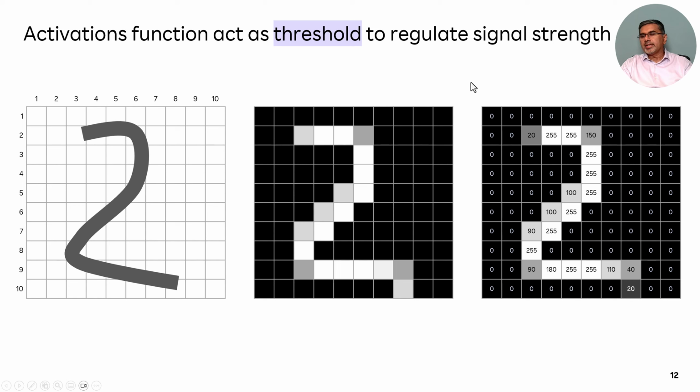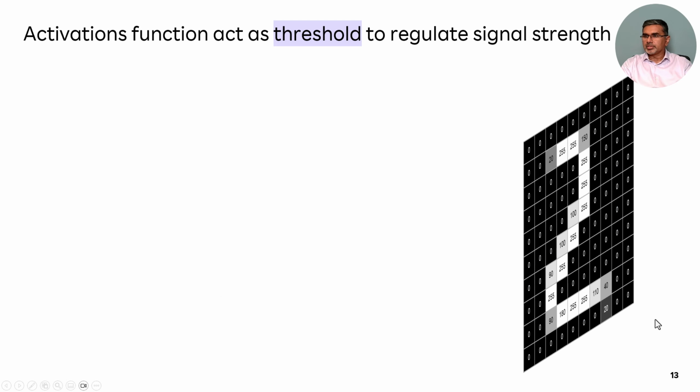Now let's take a three-dimensional view of this. Let's take this picture and rotate it so we get an isometric perspective. So it looks like this, correct? Now, as an example, let's say each of these pixels is represented by one neuron in our neural network. That is just an example.